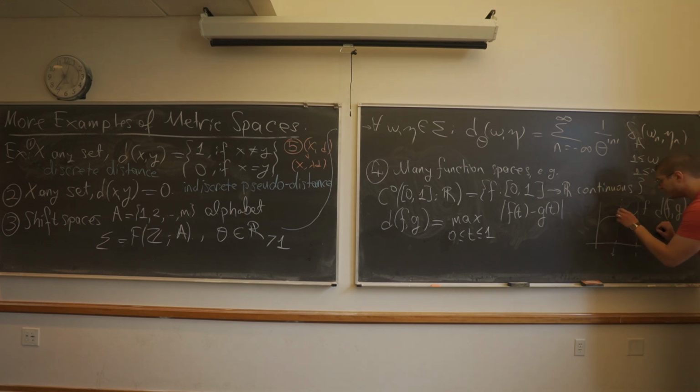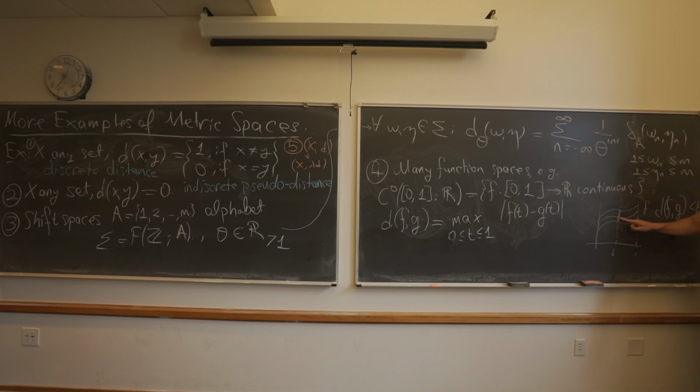And really what I'm doing is taking sort of the tube or strip around the graph of f, such that this distance, so this length, is epsilon. It is epsilon everywhere, okay? And it's epsilon here as well.